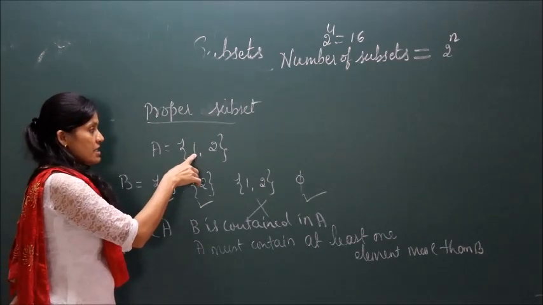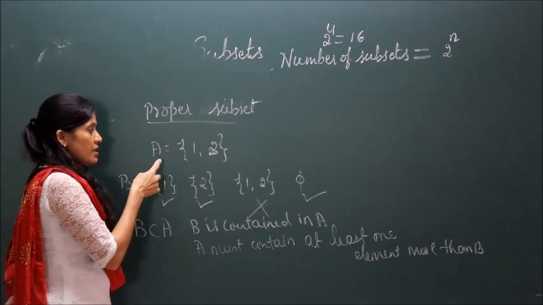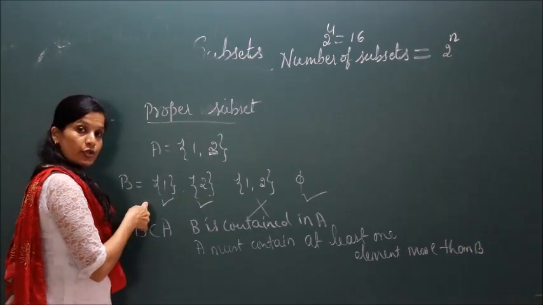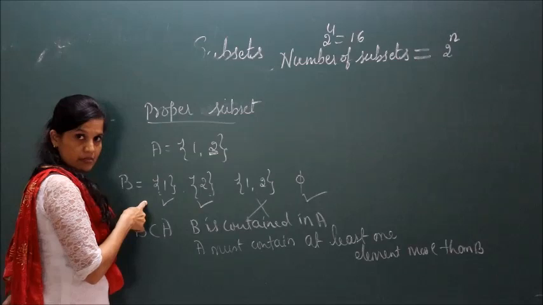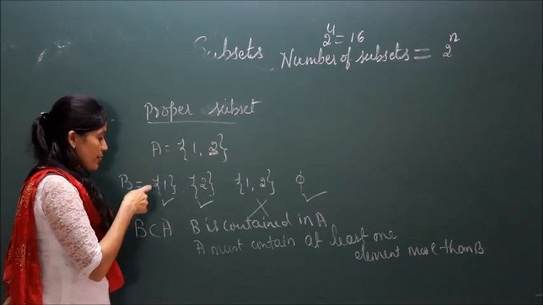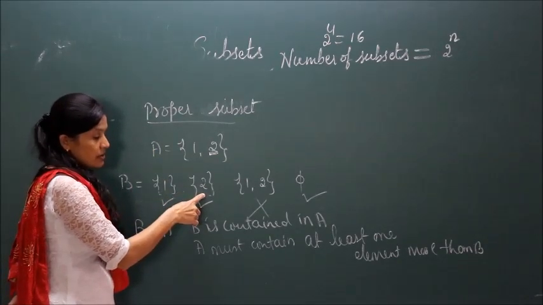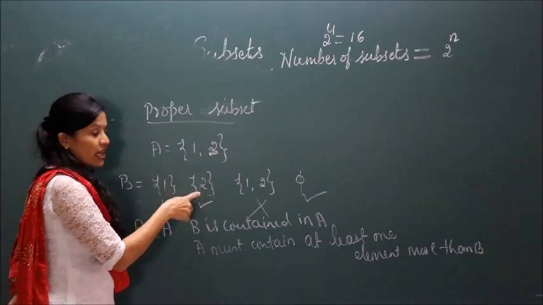See here, this element 2, it is an extra element in A when I compare it to B, right? So I can say that B is the proper subset of A. Look into this set. Is this the proper subset of A? Yes. Why?